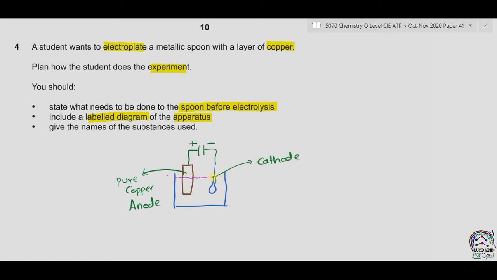Now the electrolyte must be similar to the anode used. So the anode is of pure copper, so the electrolyte must be a copper salt. We can take copper sulfate. So this is CuSO4 aqueous.